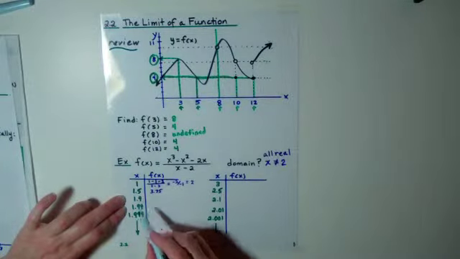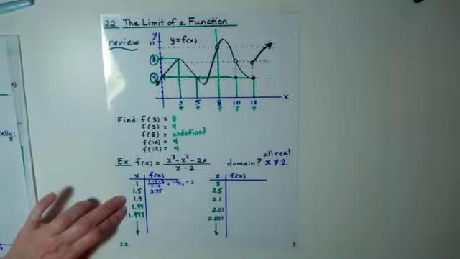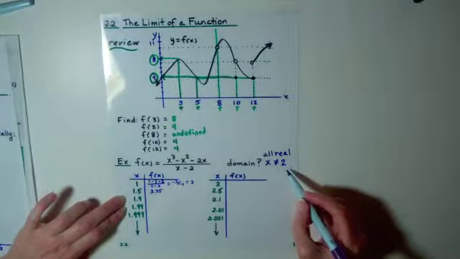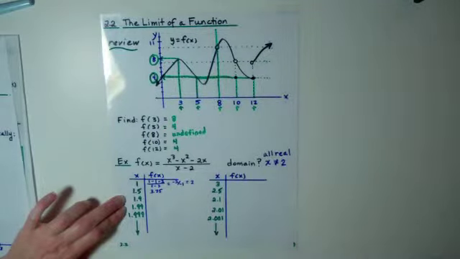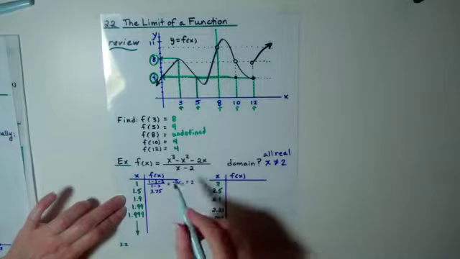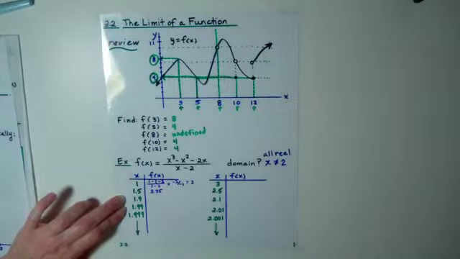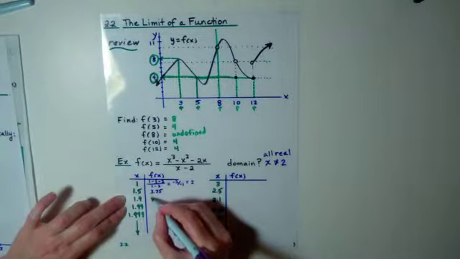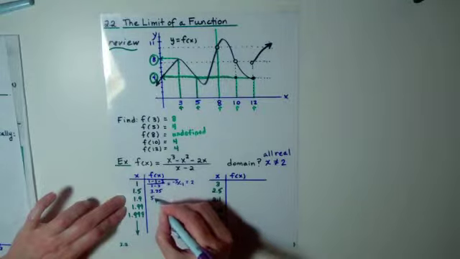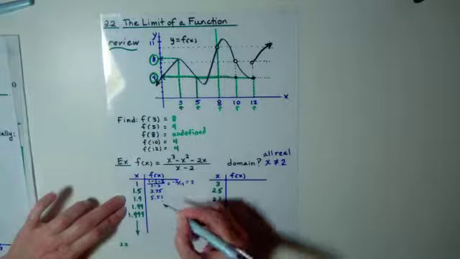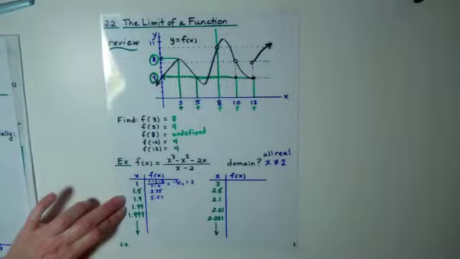How about 1.9? Is it okay to put that value in? Well, we can put in anything except for 2, and 1.9 is not equal to 2. So I went ahead and replaced all the x's with a 1.9, and I ended up with an output value of 5.51. I did the same thing for 1.99. It's very close to 2, but it is not equal to 2.